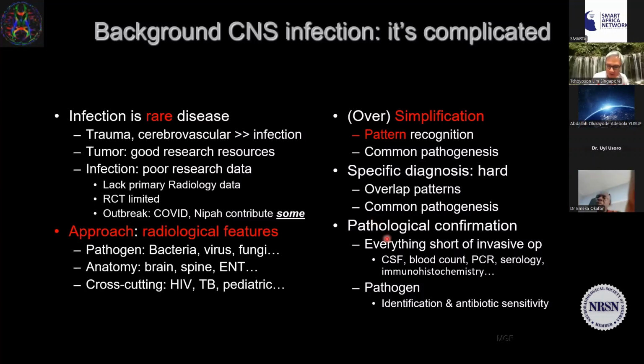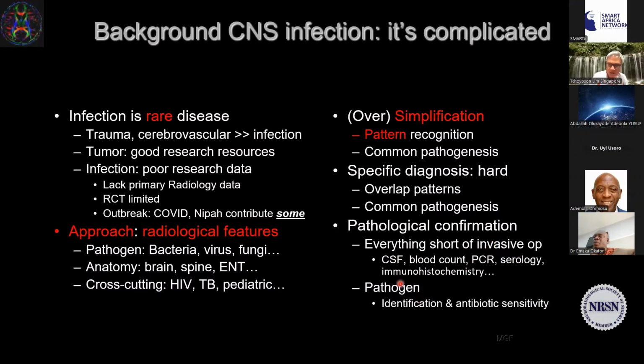It's very difficult for us to obtain pathological confirmation of many of the infections. We try to do everything short of a brain biopsy or an invasive operation. We will use the CSF, the peripheral blood count, PCR, serology, immunochemistry, and MRI as much as possible without necessitating neurosurgical intervention.